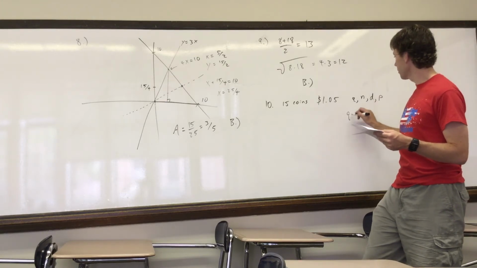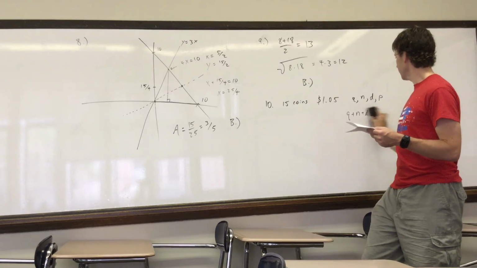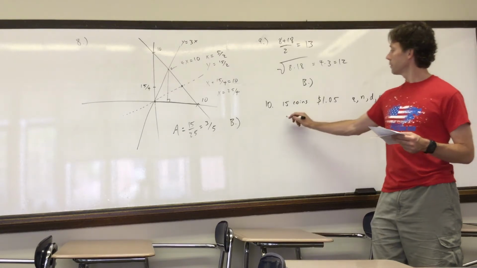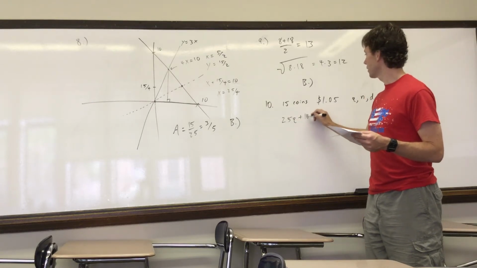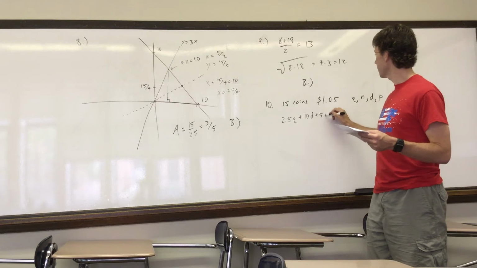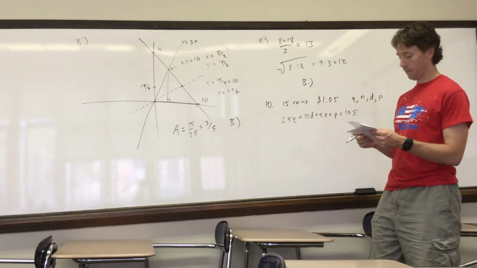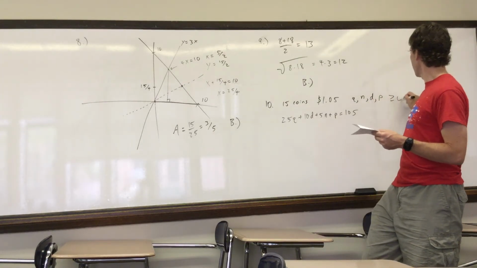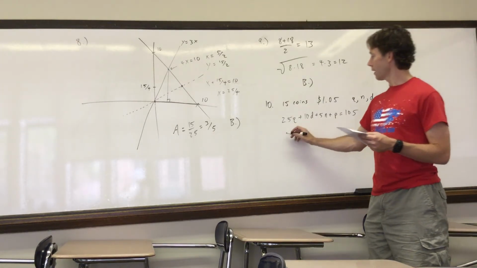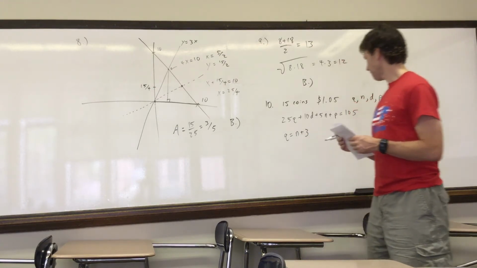And I have that 25Q plus 10D plus 5N plus P equals 105. And I have that, these are all non-negative, and I have that Q equals N plus 3.